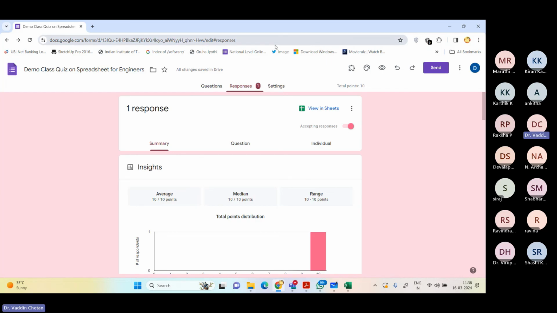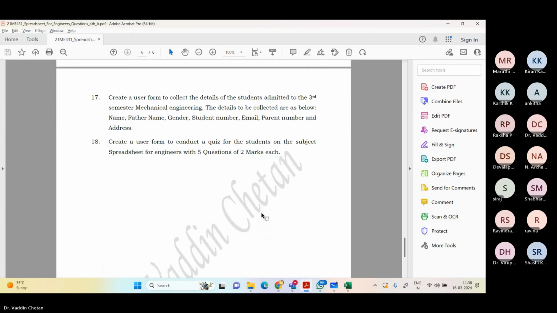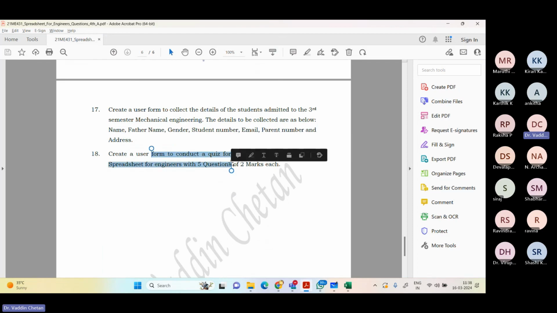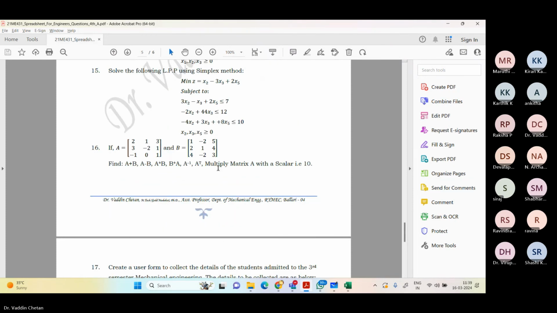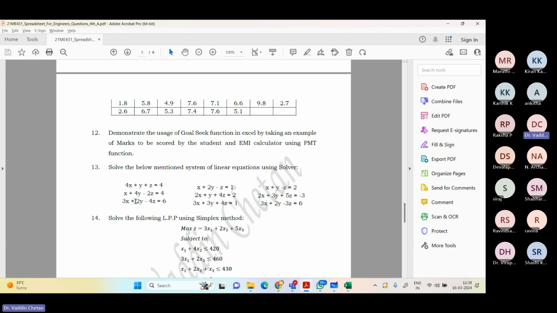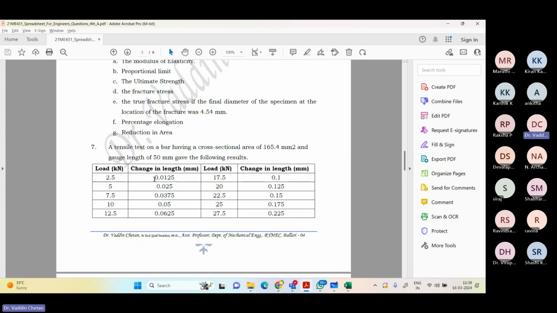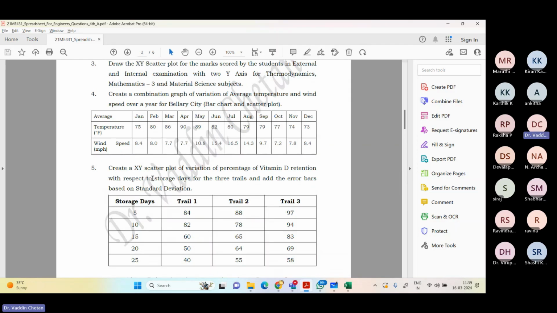This is how you can create the question number 18, that is the create user form. As I told, these 17 and 18 can be done within 5 to 8 minutes. Today I have covered 1, 2, 3, 4, 5, 6, total 7 questions I have addressed.